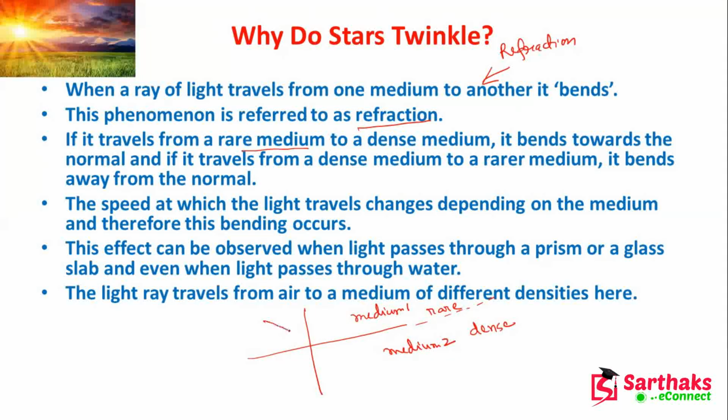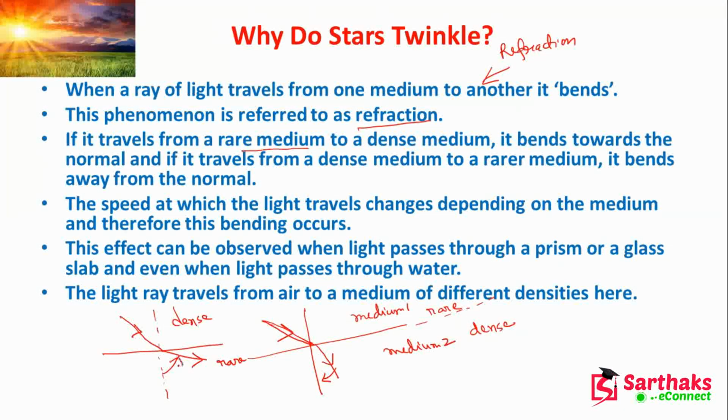Now, whenever there is incident light, you can see that it bends towards the normal. That means it is coming towards the normal. And whenever it goes from a dense medium to a rare medium, I am drawing here, this is the normal, it is moving out from here.